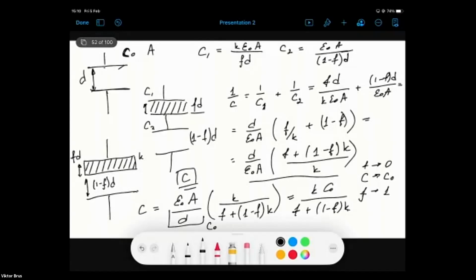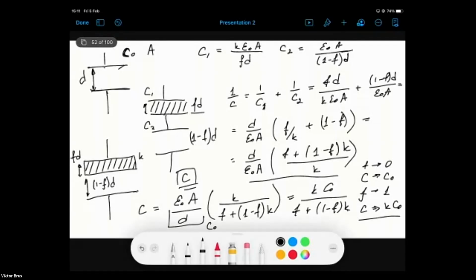If it's equal to unity, then we have unity plus 0 times K. So the capacitance will approach K times C0. It will be just K times larger than the capacitance of the empty capacitor.